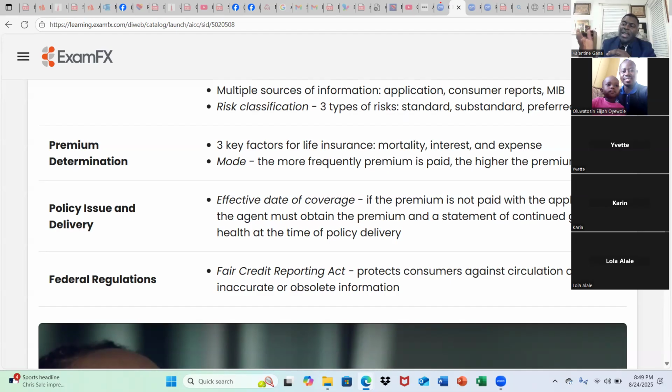Unless it was a universal life policy and they have what we call automatic premium loan, where when you're past your grace period, they'll take money out of your policy value and pay your policy. Again, for universal policies, you pay more. Your policy builds both cash value and policy value. If you miss your payment and it's past the grace period, they'll take it out of your policy value and pay your policy so that your policy should not lapse.